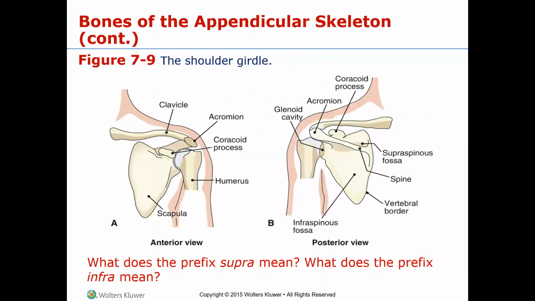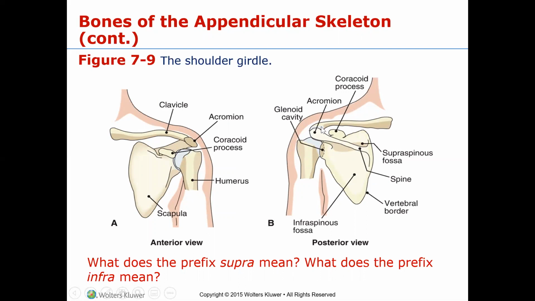Okay, in terms of the appendicular skeleton, we have the shoulder girdle, which consists of the clavicle, which is our collarbone, and then of course we have the scapula, and then that is attached with the humerus, and we have a point of juncture which is called the acromion, which has the attachment to our humerus here.